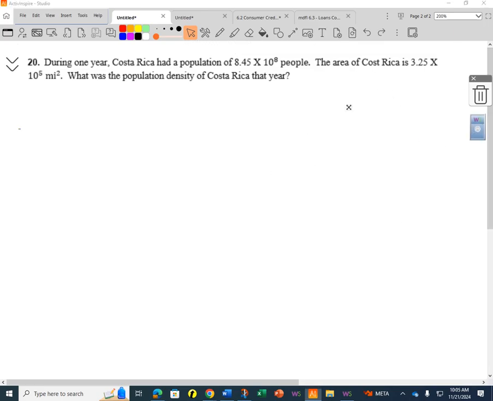Now it says the area of Costa Rica is 3.25 times 10 to the 5th miles squared. So for population density, I'm telling you now, it is population divided by the area of the land. So the formula is population divided by the area.